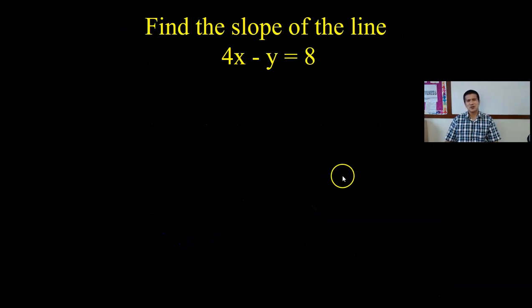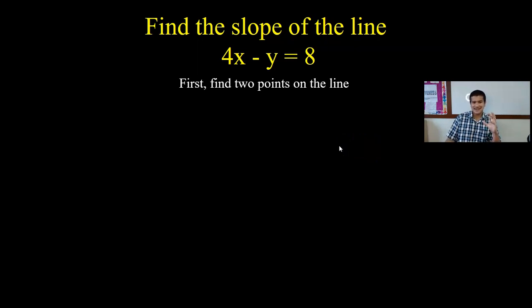Now find the slope of the line 4x minus y equals 8. How will we find the slope of the line? First, find the 2 points, so that we can find where the 2 points are on the graph.